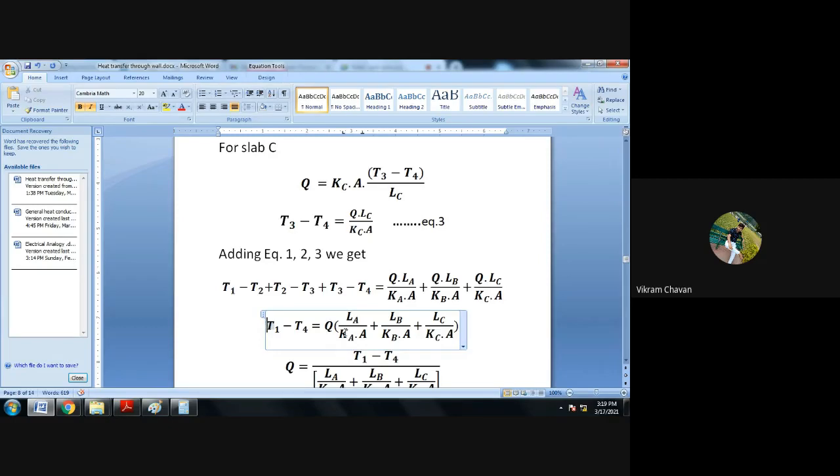Then we have to rearrange this equation in the form of the heat transfer rate.